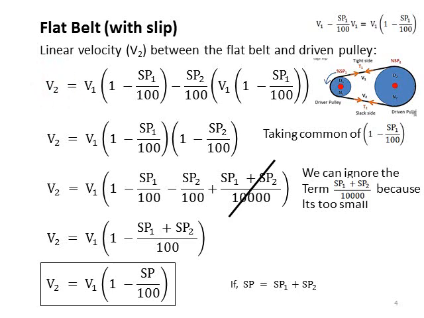The effective velocity V2 at the slack side of the belt and the driven pulley will be equal to the effective velocity at the driver pulley and the belt, minus the slip percent, which is SP2 by 100, into the velocity that is coming in.